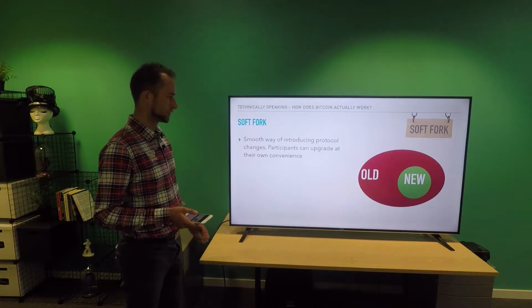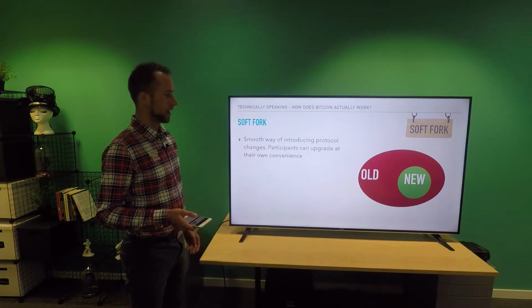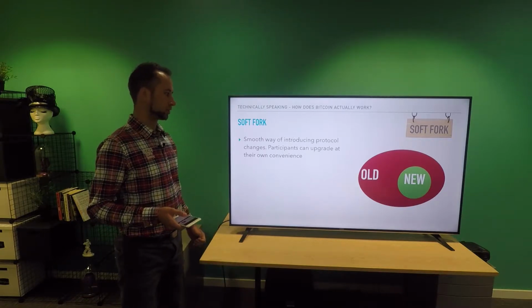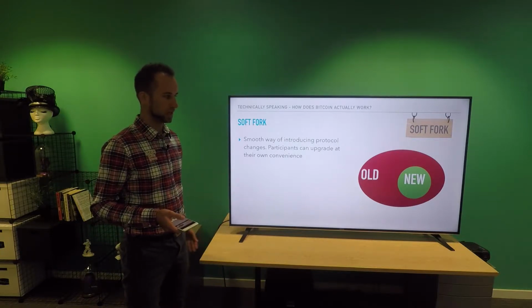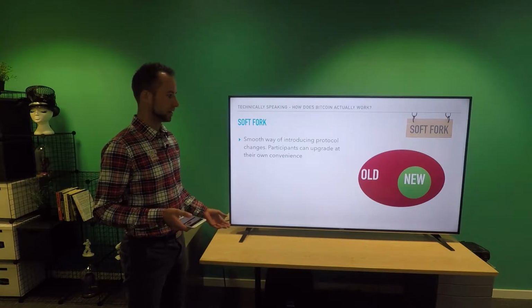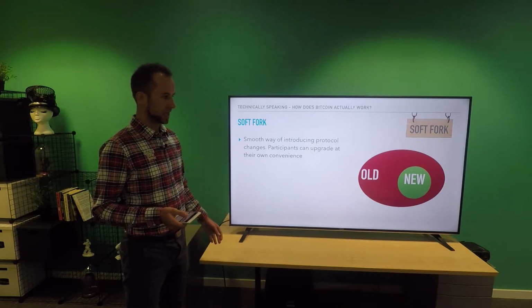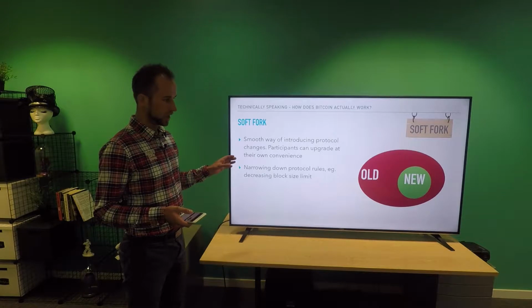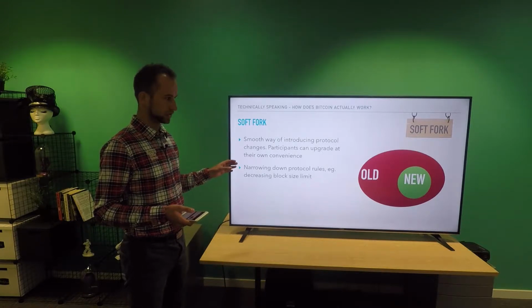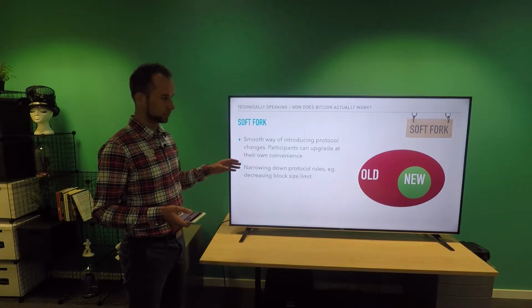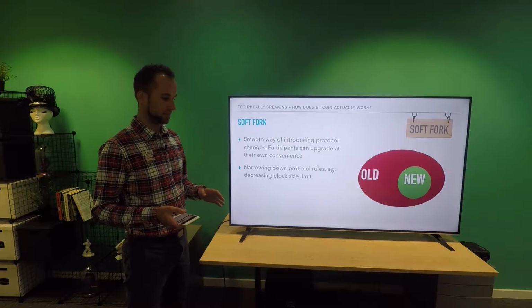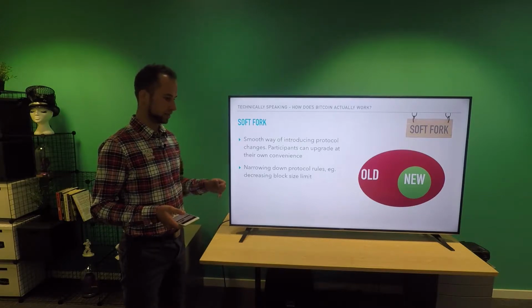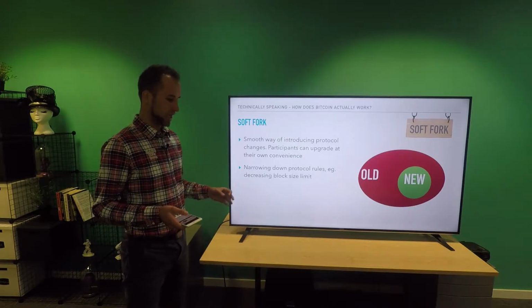So a soft fork is a smooth way of introducing protocol changes because participants are not forced immediately to upgrade the software. They can upgrade at their own convenience. And generally, a soft fork is a change in protocol rules that is narrowing down the limits further in those consensus rules.